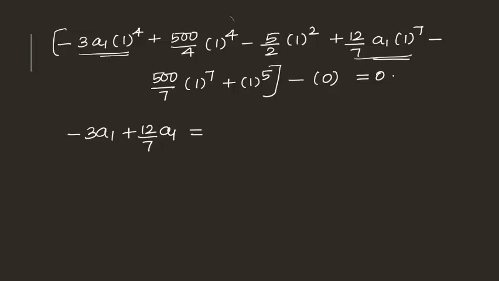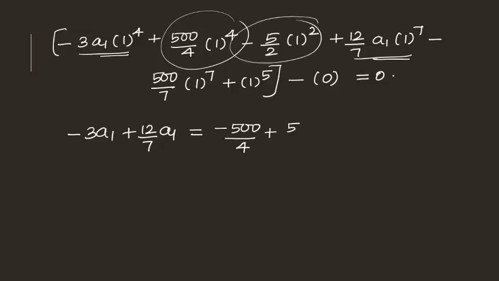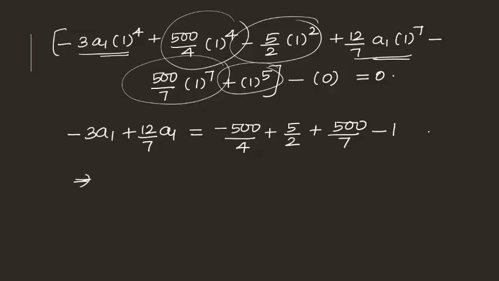So this is minus 500 by 4, this is plus 5 by 2, this is plus 500 by 7, this is minus 1. On the left hand side, the simplified term will be minus 1.2857 a1, is equal to the simplified term in the right hand side as minus 52.0714.